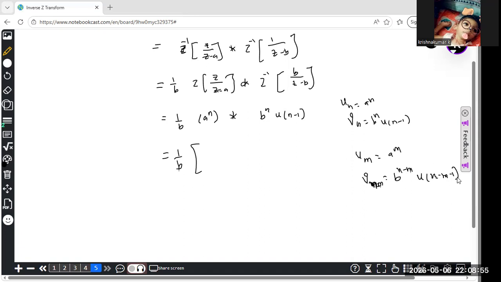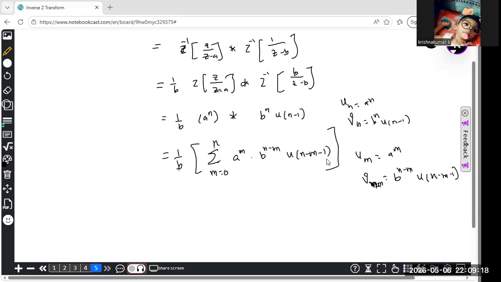That's it. Now you take this, and you try to remove the summation: m is equal to 0 to n, a power m into b power n minus m into u of n minus m minus 1.